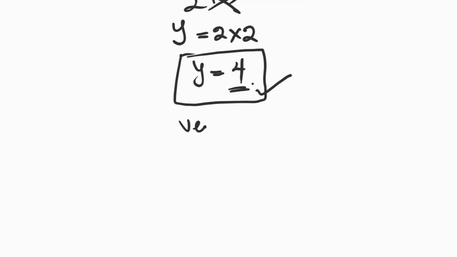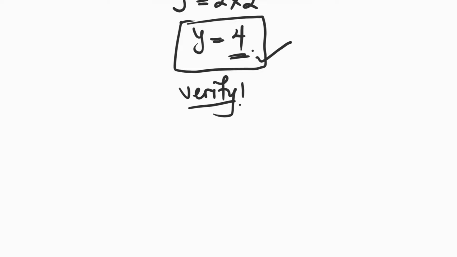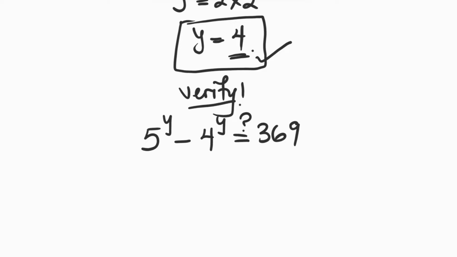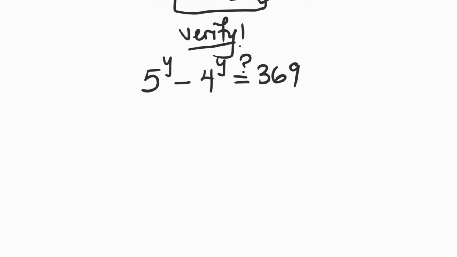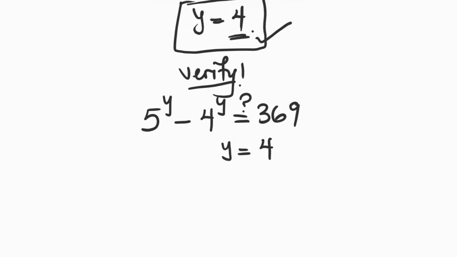Now, the next thing we're going to do is try to verify this answer to see if it is indeed correct. So our question initially was 5 raised to the power y minus 4 raised to the power y, and we're trying to find out if this is going to be equal to 369. Now we said our y is equal to 4, right?